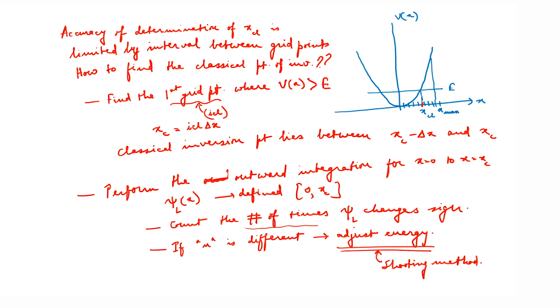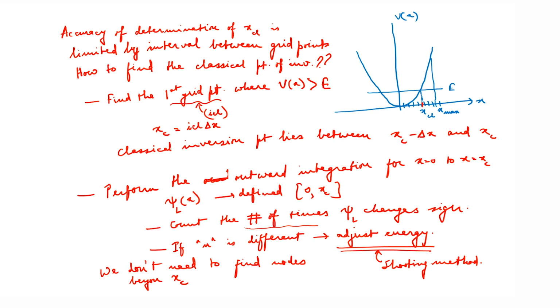There will be no oscillations, hence we do not find nodes beyond x c. So this is about the outward integration.